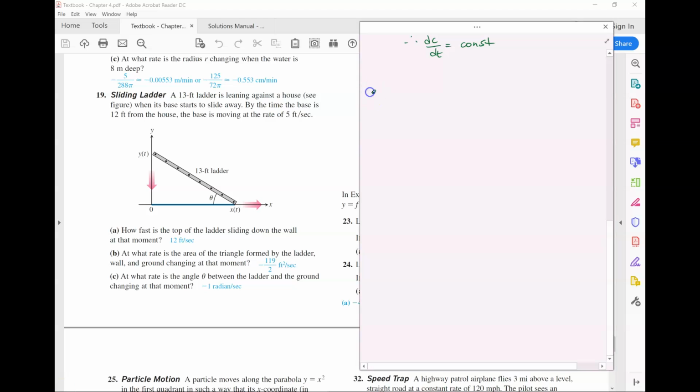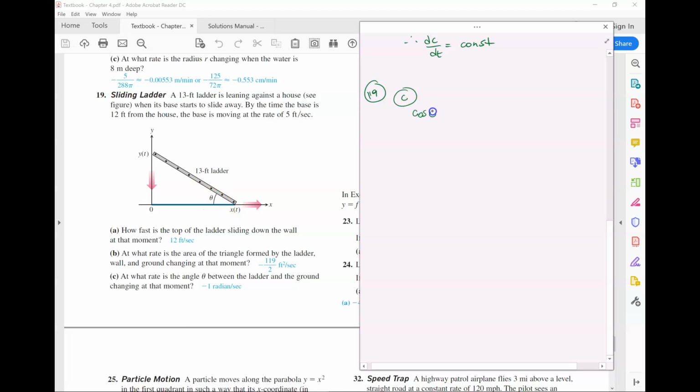For 19C, how would you set up the equation? It would be tan theta equals y over x. Right, you can do any one. You could do tangent, you can do cosine, because the 13 is a constant as well.